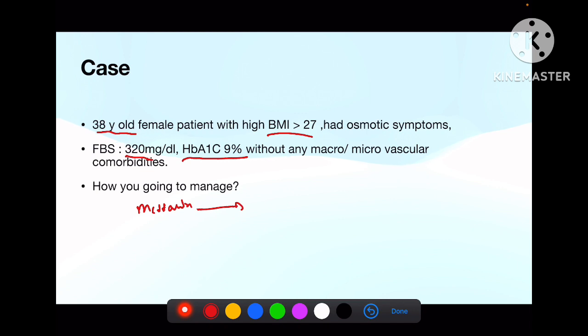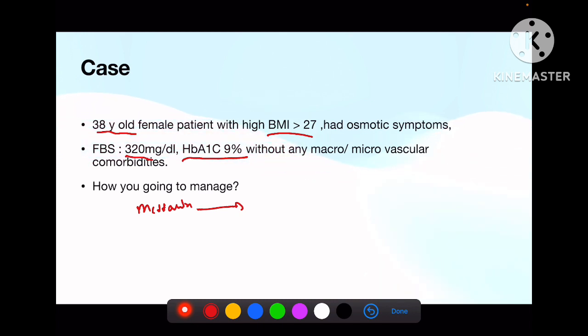Since the patient is young, you can go for tight glycemic control as well. So how are you going to select which drug will be most suitable as a second line drug? You have to think that the patient's BMI is high, so you have to think about some kind of agent which does not promote weight gain.